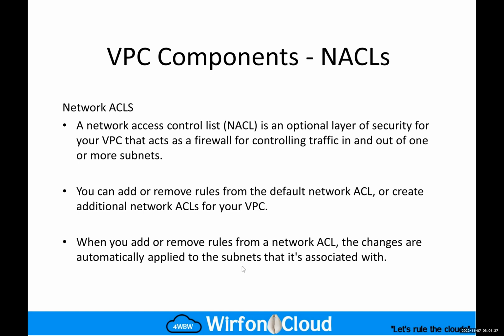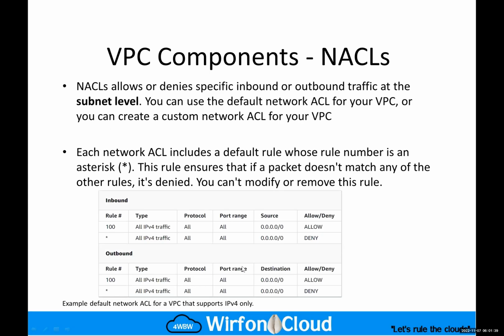NACLs allow or deny specific inbound or outbound traffic at the level of the subnet. As I said earlier, when you create your VPC you have a default NACL already there, so you can add rules to the default NACL, or you can create a custom NACL by yourself for your VPC.